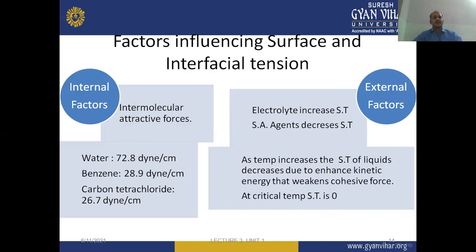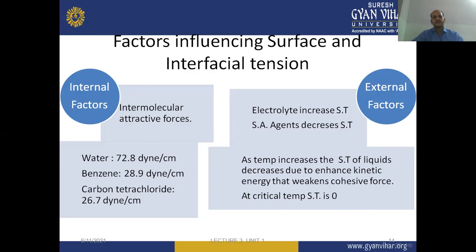One is the internal factors, and the second is categorized as external factors. So the factors influencing surface and interfacial tensions are of two types: the internal factors and the external factors.